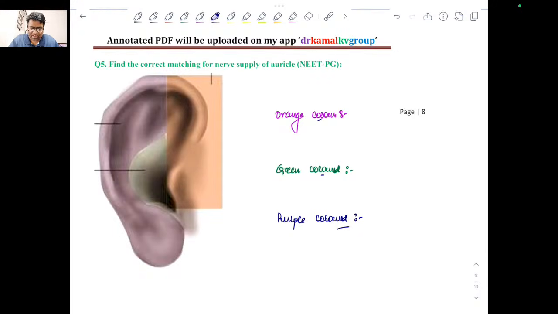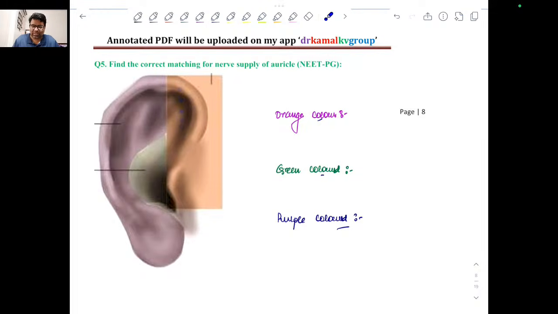Okay, now here let me give you some hint to solve the thing. Now there is one nerve which is supplying the temporal area and also the auricle, right? So temporal area, this is the temporal area, and this is the auricle.